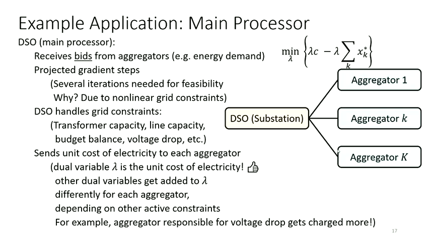It's also, in general, different for each aggregator, because if the aggregator of a neighborhood is very far away from the substation, then the power loss, the I squared R loss, will be higher, right? So each lambda is actually different in practice. And there are so many other active constraints. For example, an aggregator responsible for voltage drop gets charged more.